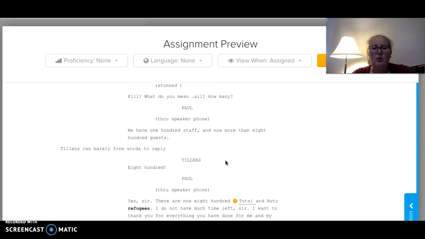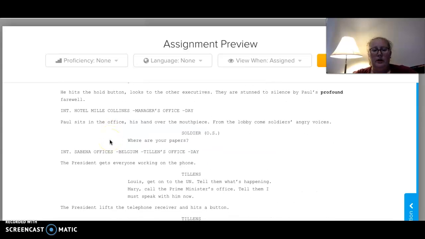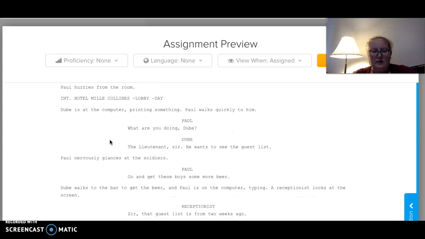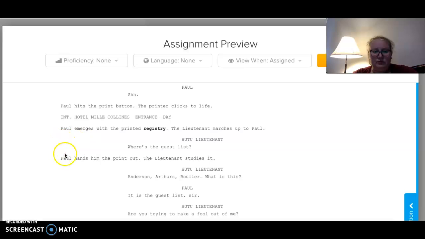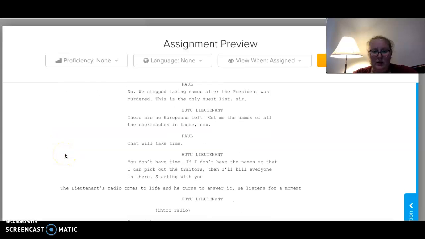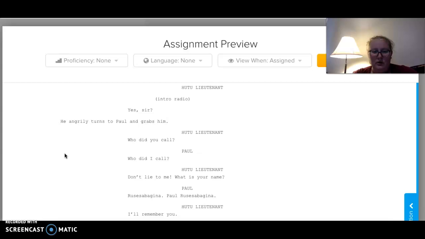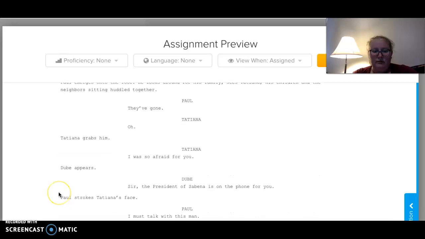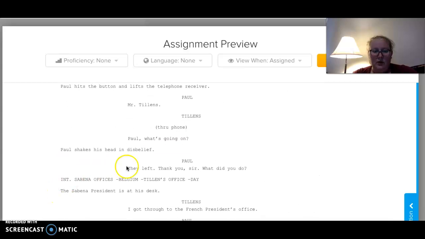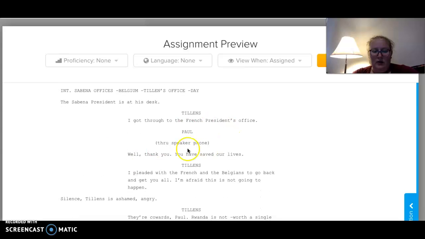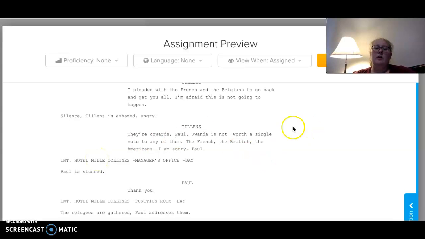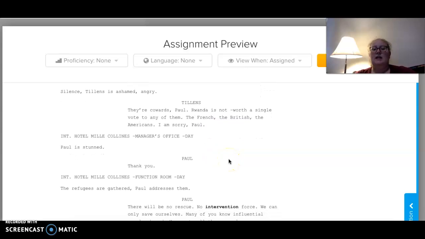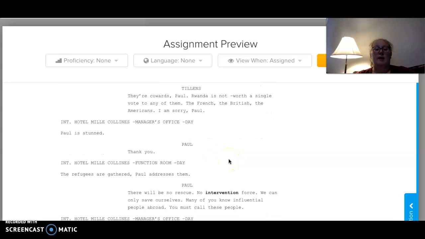And what Mr. Tillins had told him earlier was that he got through to the French president's office. He pleaded. He said, they're cowards, Paul. Rwanda is not worth a single vote to any of them, the French, the British, the Americans. I'm sorry, Paul. Basically telling him that they're on their own and that no help is coming for them.